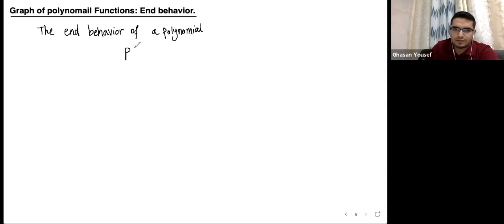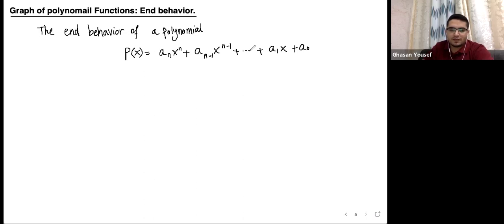Suppose my polynomial is b of x equal a_n x to the power n plus a_(n-1) x to the power n minus 1 plus dot dot dot plus a_1 x plus a_0. This is my polynomial function. So the end behavior is determined by the degree n and the sign of the leading coefficient.